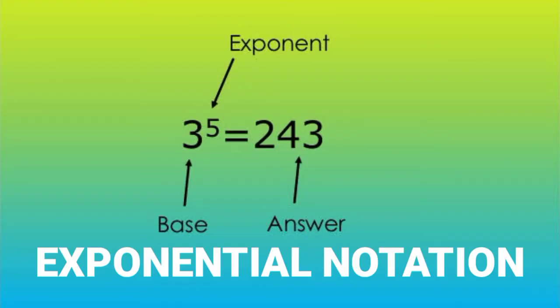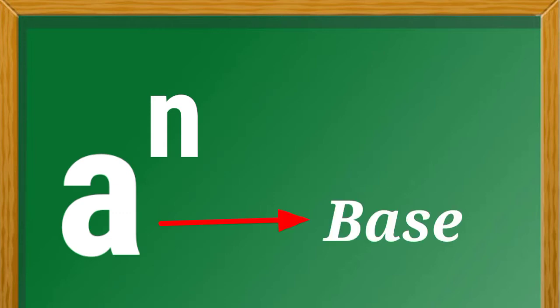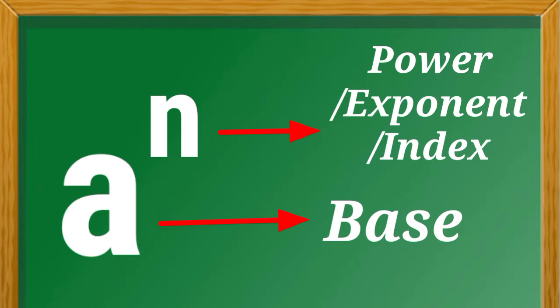We use exponential notation as an alternative method of expressing numbers. Exponential numbers take the form a to the n power, where a is multiplied by itself n times. A is termed the base, while n is termed the power or exponent or index.